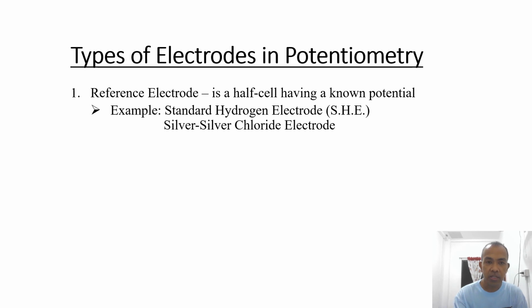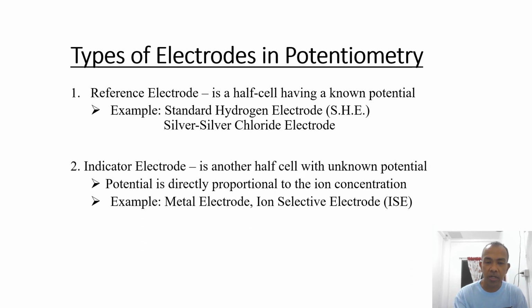For the next one, the indicator electrode is another half cell with unknown potential. The potential of this indicator electrode is directly proportional to the ion concentration. So examples are metal electrode and ion selective electrode (ISE).